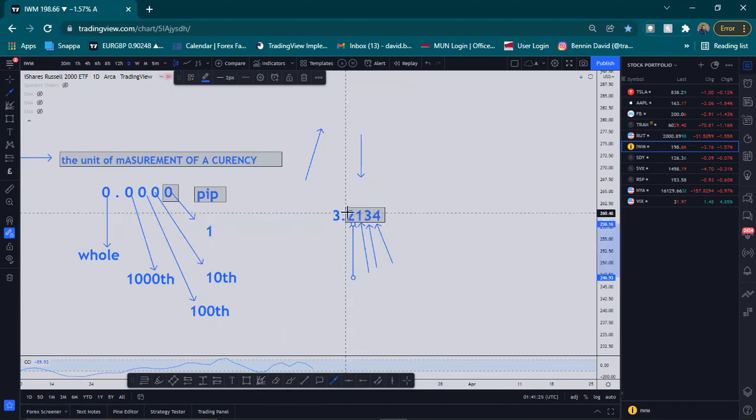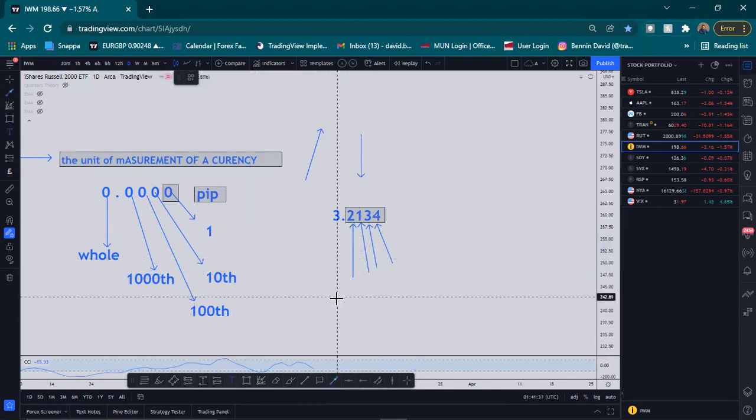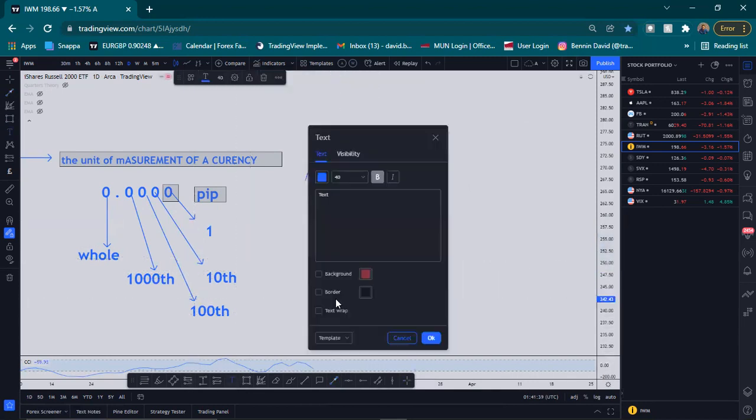So this is representing 2,134 pips. But we are not really interested in this value as 2,134 pips. The only time we are interested in the pips is when there is a change. So for instance, we have 3.2145.